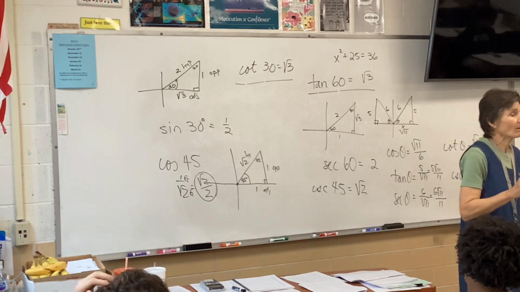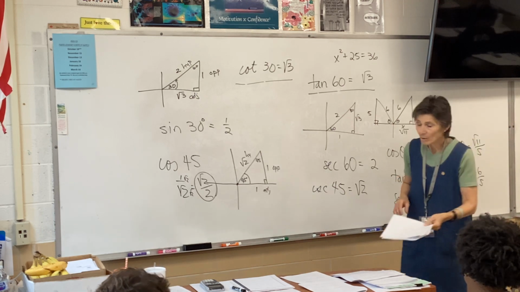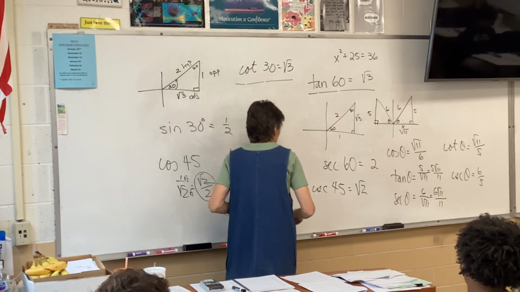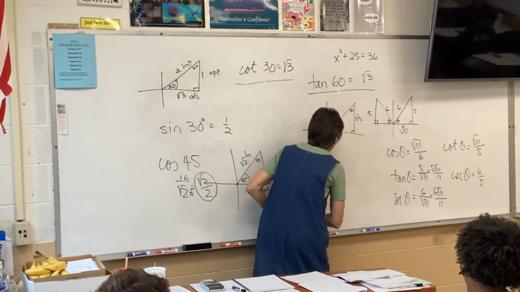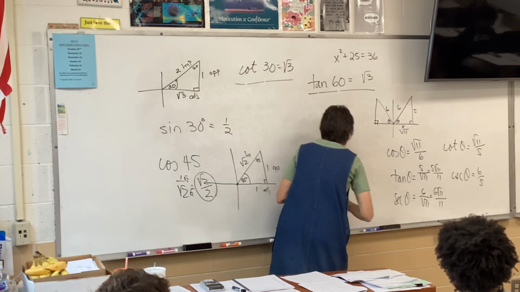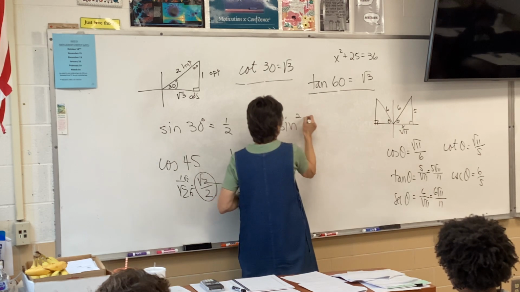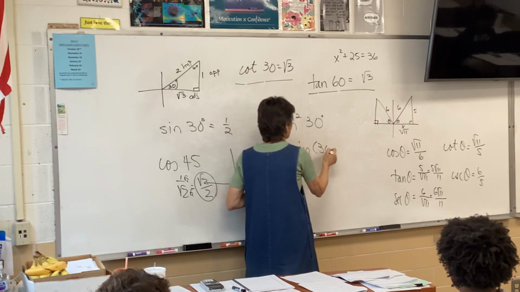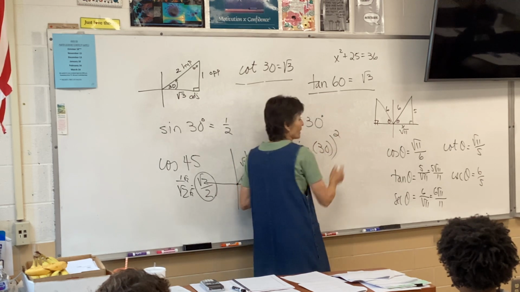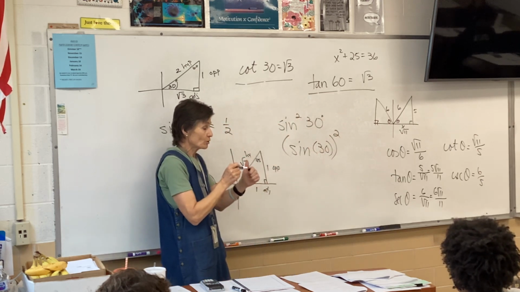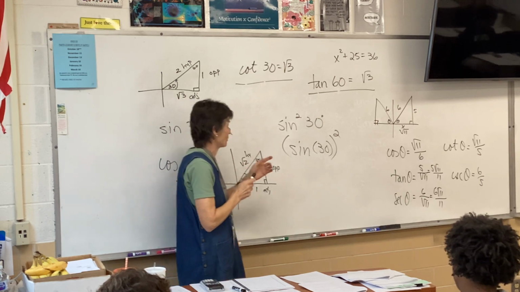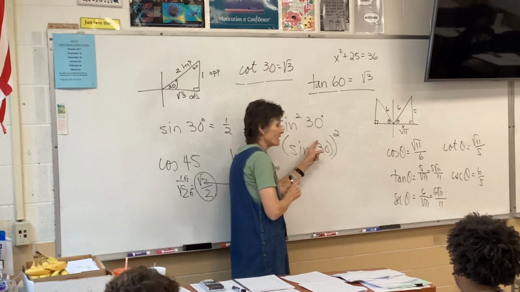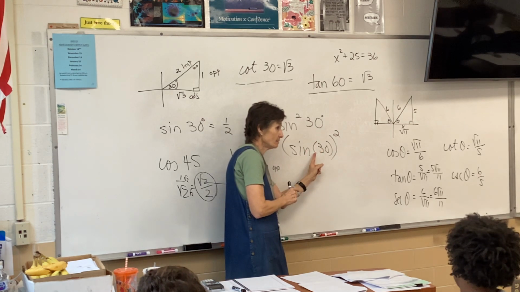If you want to square a function, when we put powers on functions, we will write them the way mathematicians write them. So we will write sine squared 30. That means the sine of 30, squared. So if you're typing it in on your calculator, you have got to make sure when you hit sine, it's going to put that parentheses in.